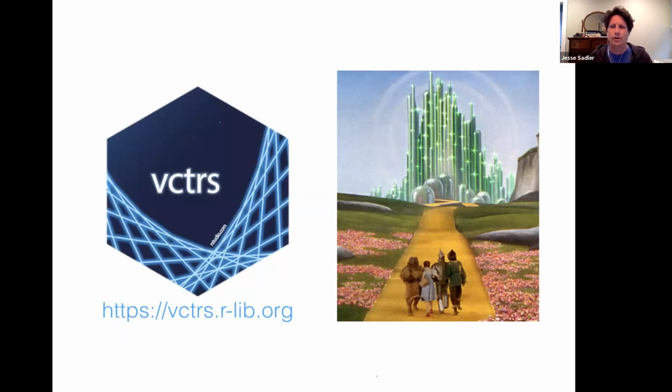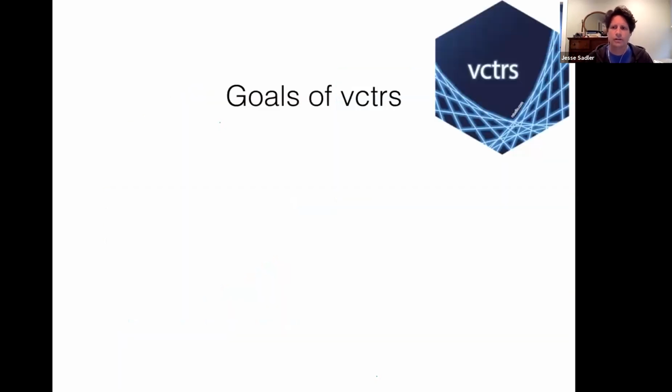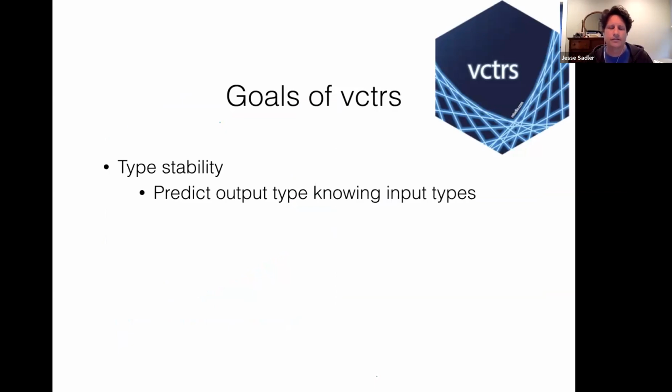So I'm just going to go over vctrs really very quickly, and then I'll get into the example that I have. The vctrs package is created by RStudio and has 3 basic goals. The first is to implement type stability so that you can predict the output type when you know what the input types are.